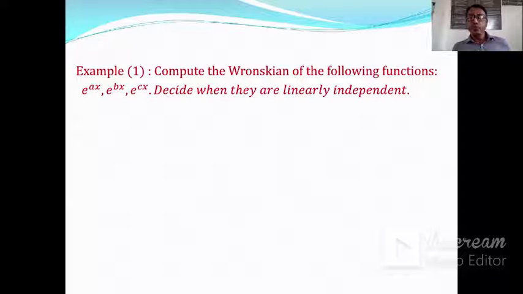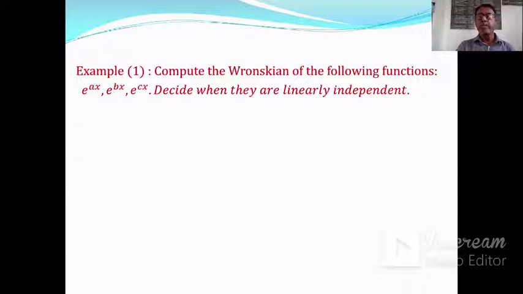Just as in the previous example, e to the power x, e to the power 2x, and e to the power 3x, here a is 1, b is 2, and c is 3. But we want to show this by using the Wronskian.